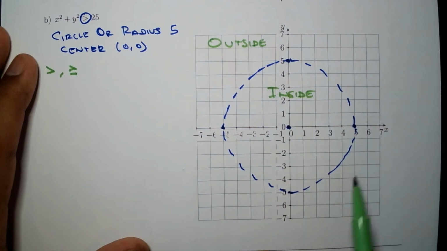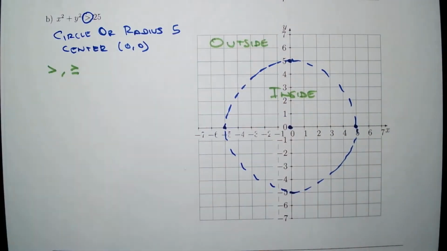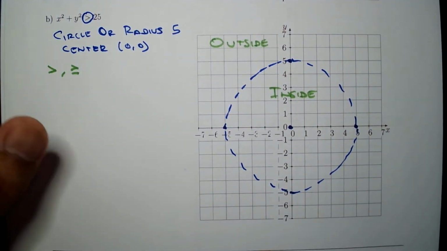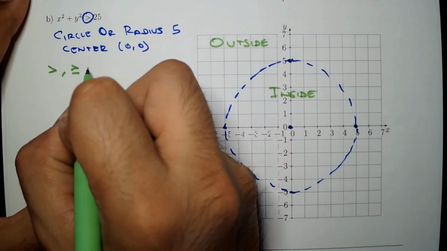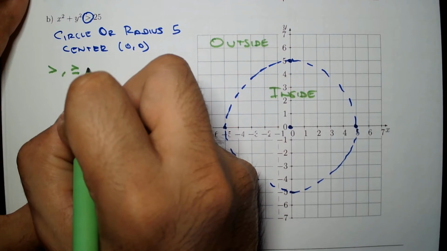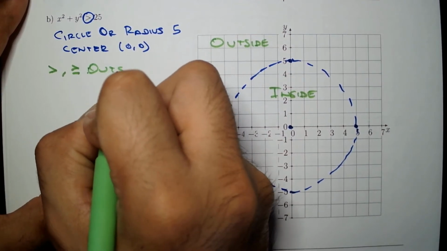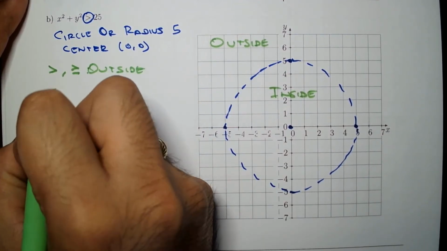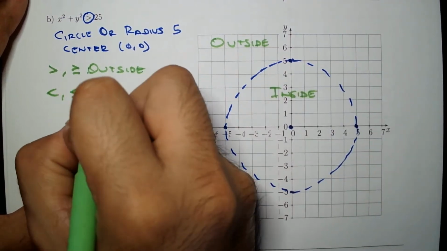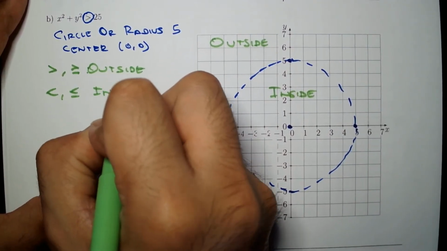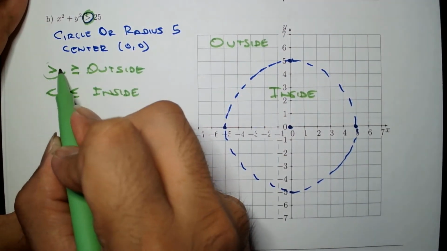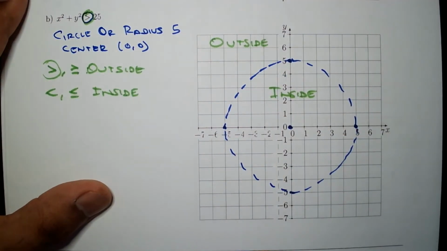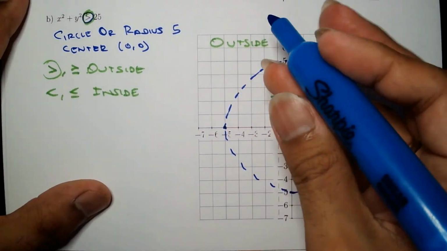I mean, just look at the boundary here. It's either inside or outside. So greater than or equal, shade outside. Less than or equal, shade inside. Well, in this case, what do we have? The greater than, we shade outside. So let's shade outside of the circle.